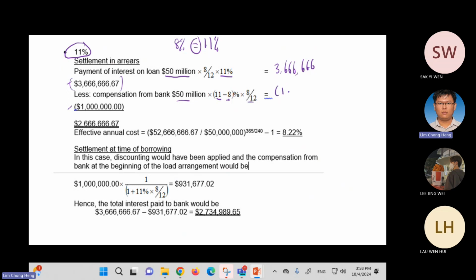So you will get compensation of 1 million. So how much is the total cost you pay? Total cost you pay is 8.666 million. So this is the total interest paid.